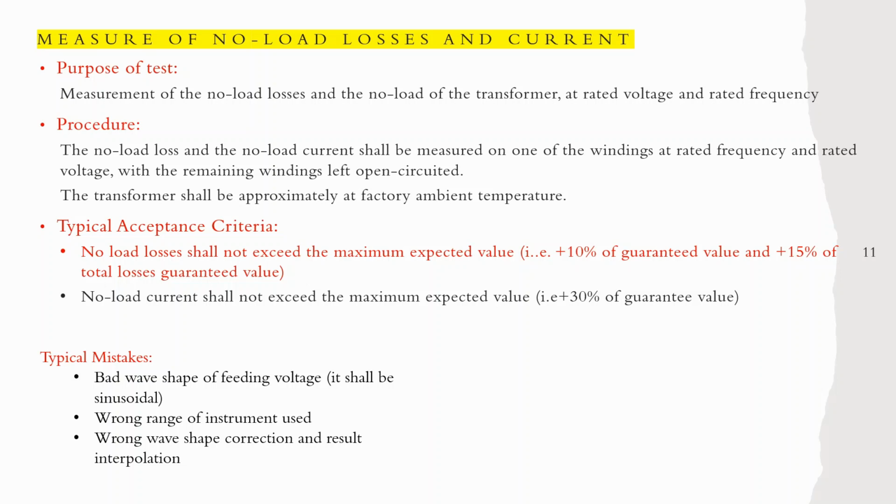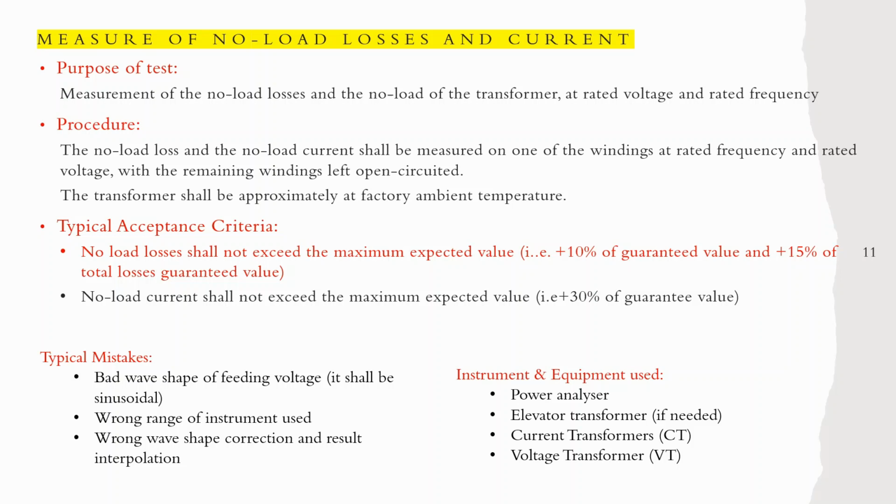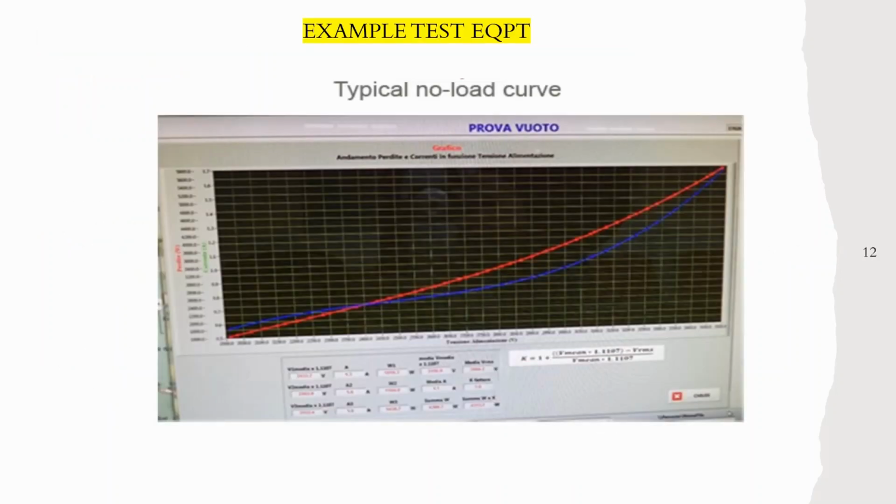Typical mistakes: bad wave shape of feeding voltage, wrong range of instrument used, wrong wave shape corrections. And this is our equipment: current transformer, voltage transformer, power analyzer, and elevator transformer. Example of this equipment, okay, and the typical no load curve.